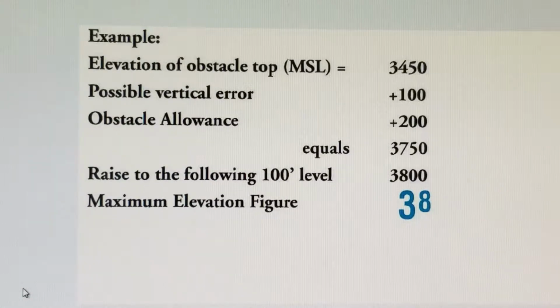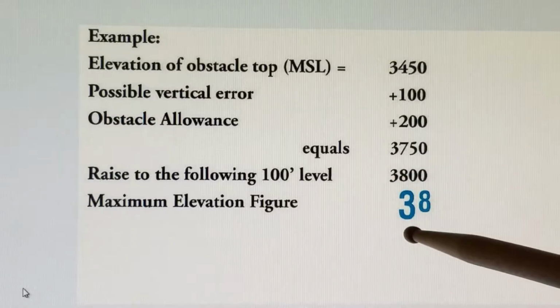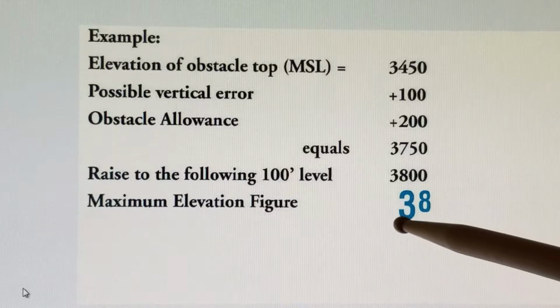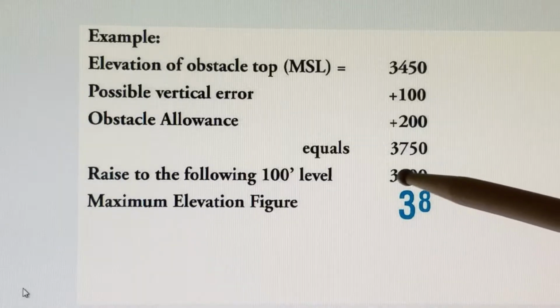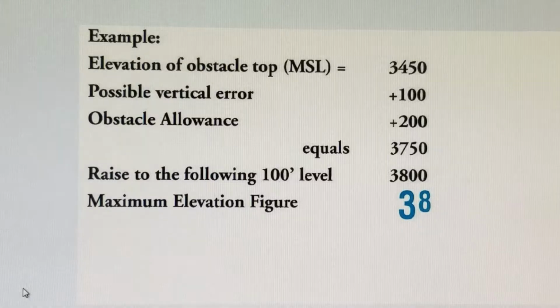Okay, ladies and gentlemen, let's do a little bit of a calculation on the elevation. Yes, as you keep looking at these maps, you see the maximum elevation marked in two type sizes.